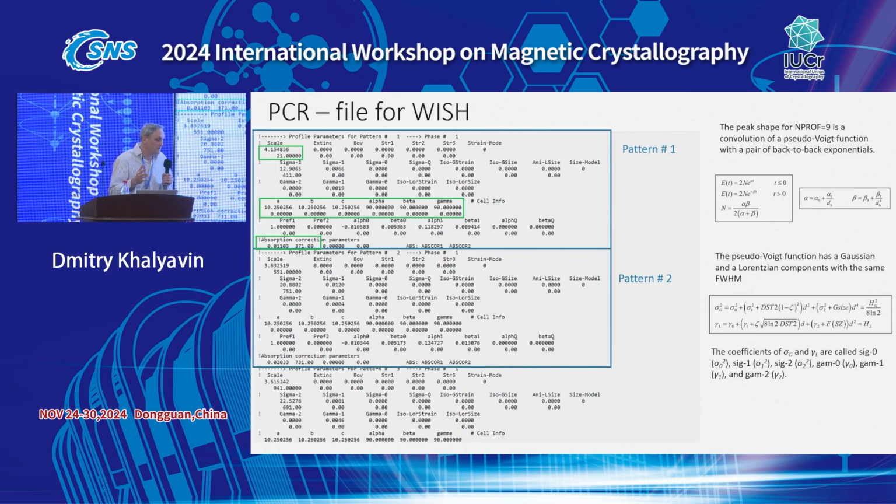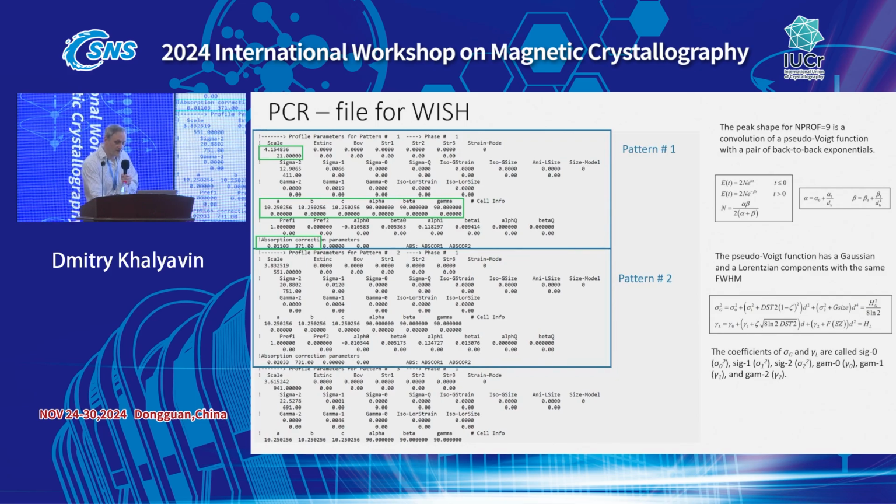The pseudo-Voigt covers instrumental design and microstructural effects. They go there, while the back-to-back exponential is the way neutrons are created. The physics is related to the way neutrons are created, how they build up in the target, and then how they moderate inside the moderator.